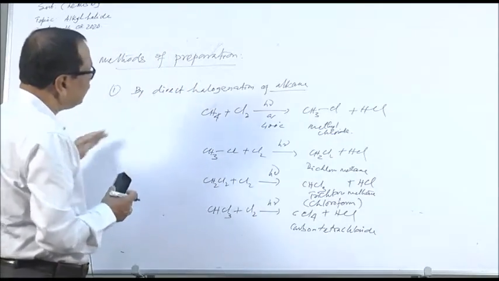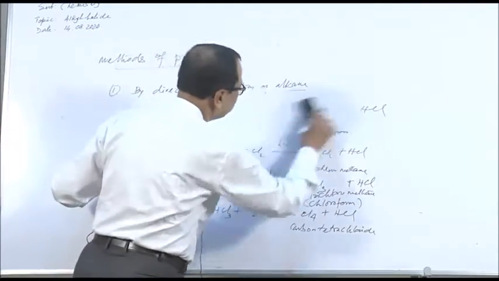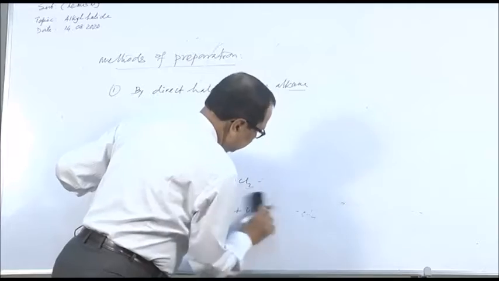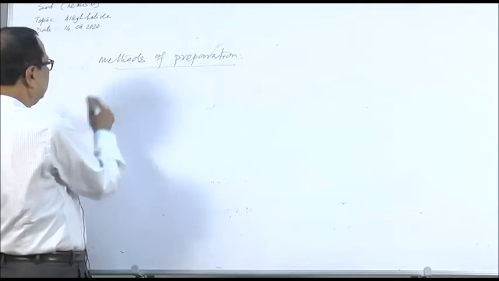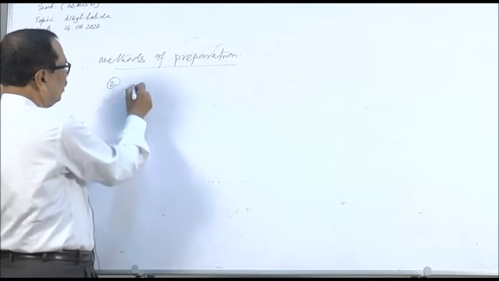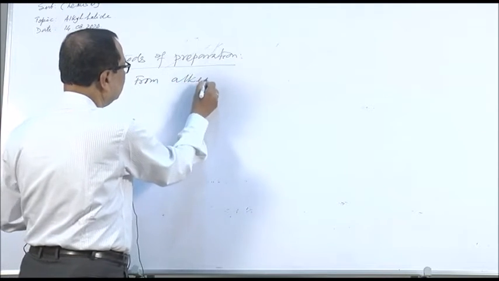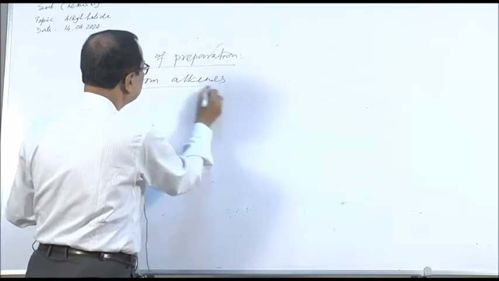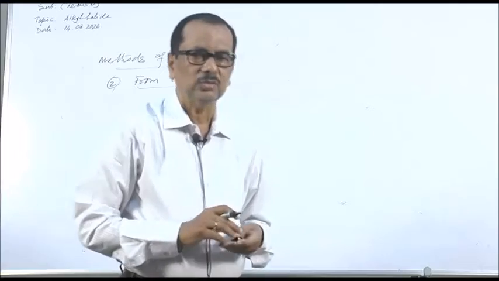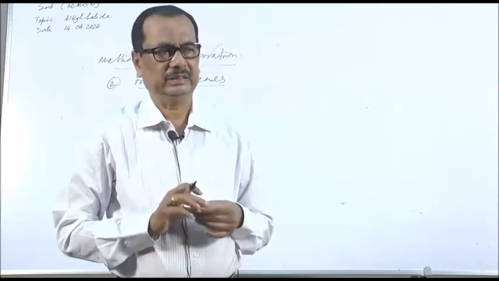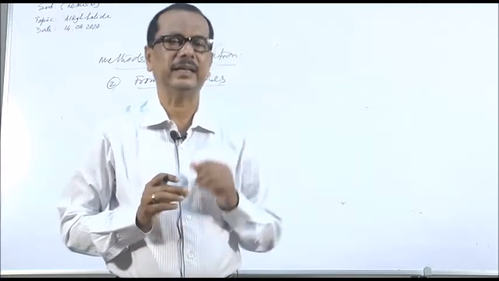So direct halogenation of alkane is the first method. The second method of preparation of alkyl halide is from alkenes. Here, in case of alkenes, we add halo acids. When alkenes are treated with halo acids, we get the corresponding alkyl halide.